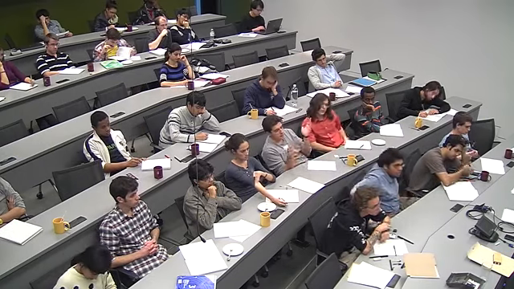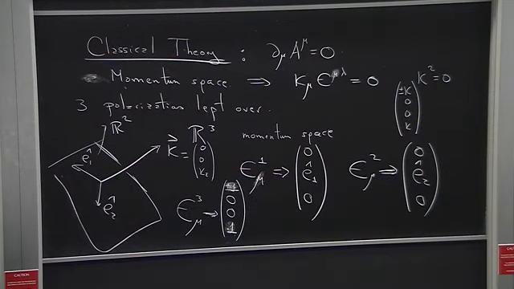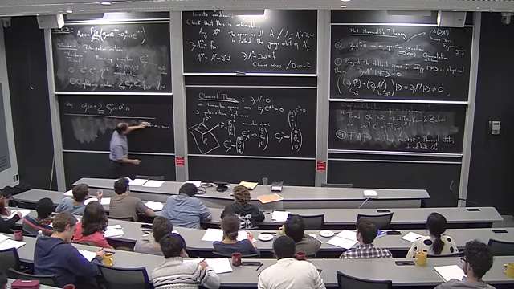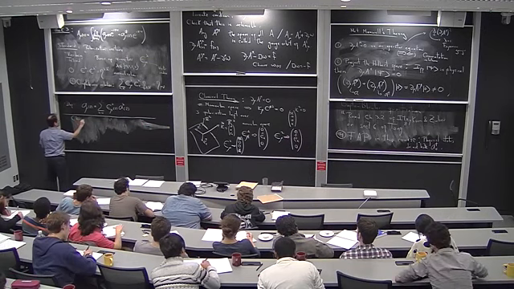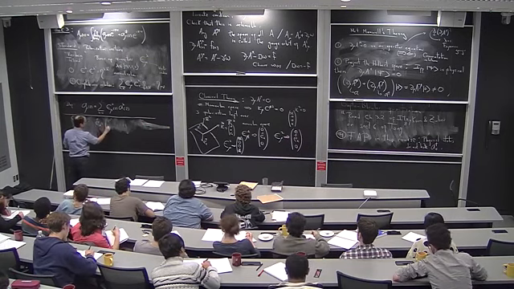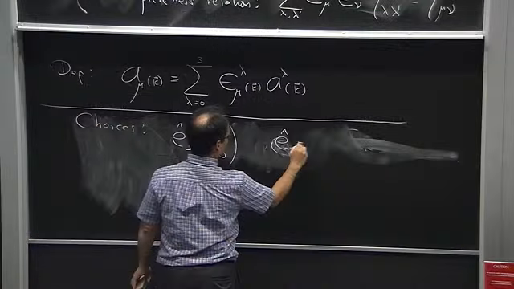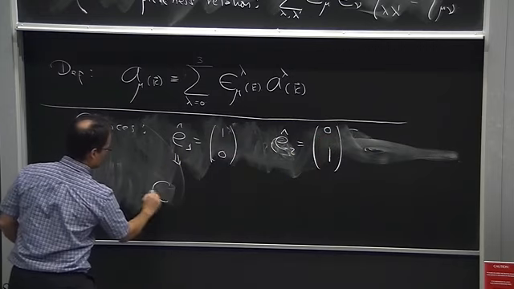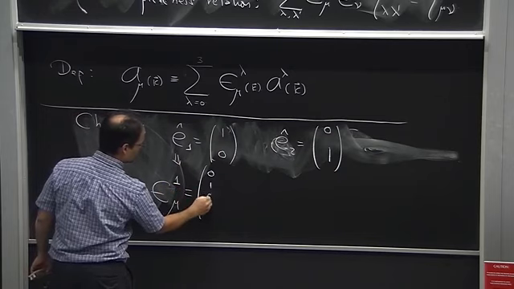Let me actually tell you some examples of what these guys are. You can choose E1 to be 1, 0, and E2 to be 0, 1. In this case, your 4-vector E1 would be the vector 0, 1, 0, 0.